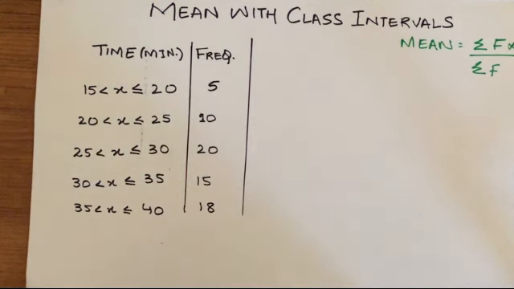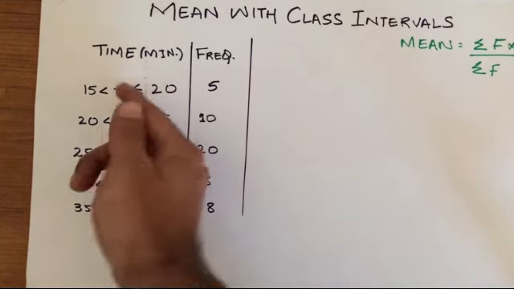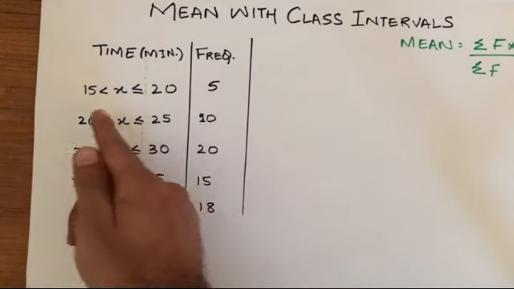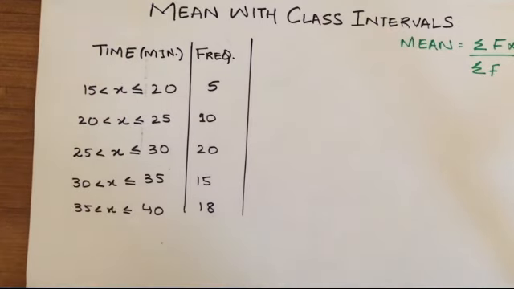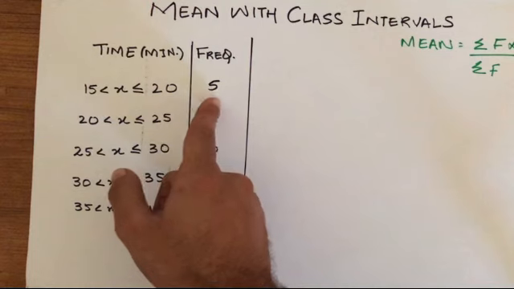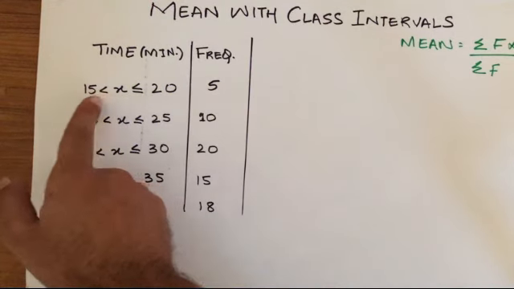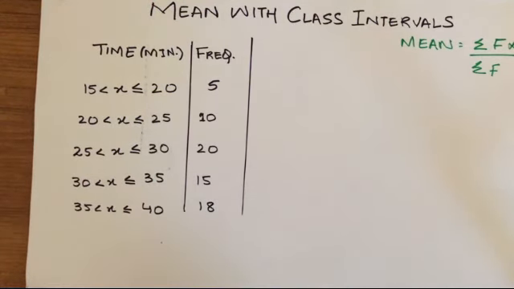So whenever you have class intervals, the problem is earlier you were multiplying the frequency by your data, but now the data consists of this bracket of 5. So how would you be able to multiply frequency when this is an interval? So what do you need to do whenever you are faced with class interval questions?